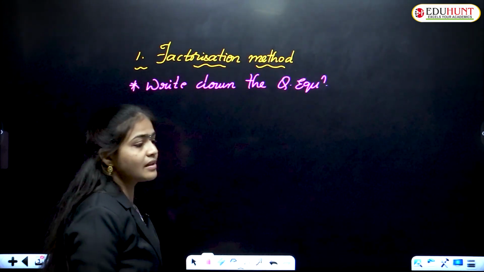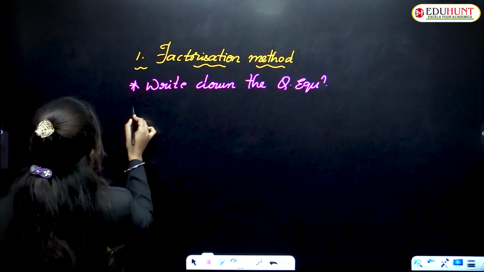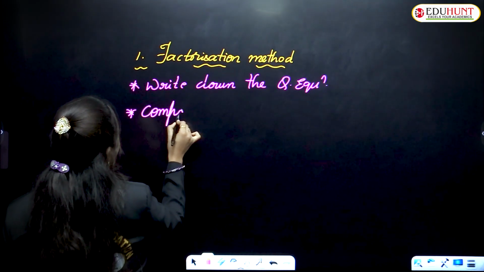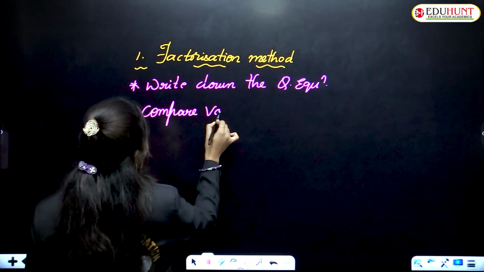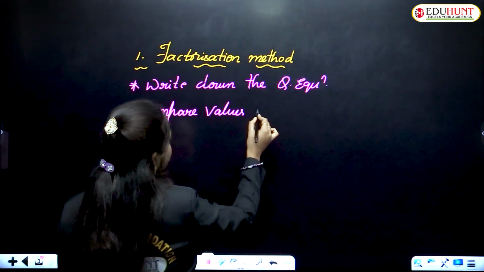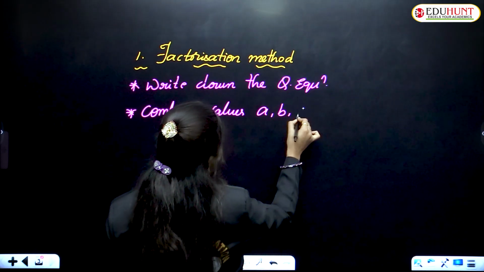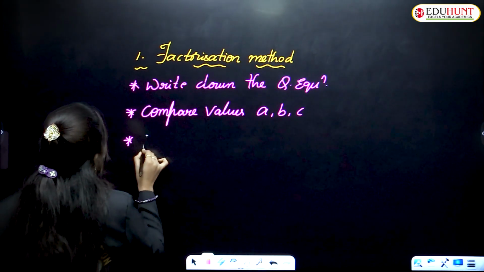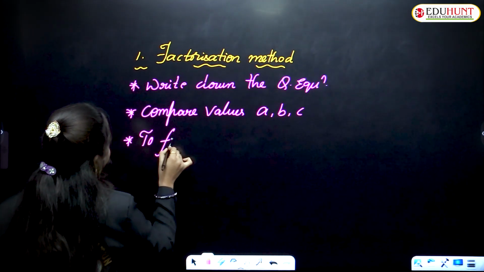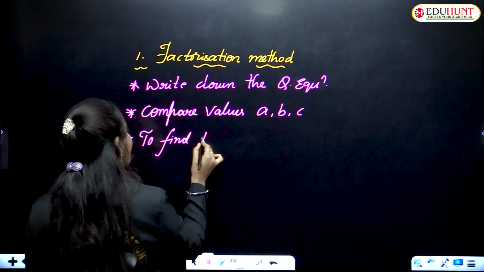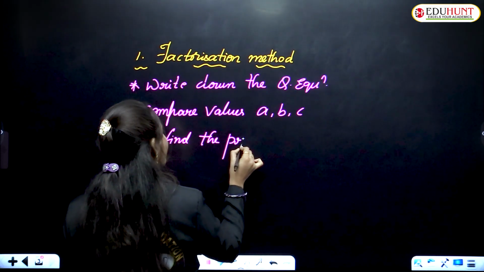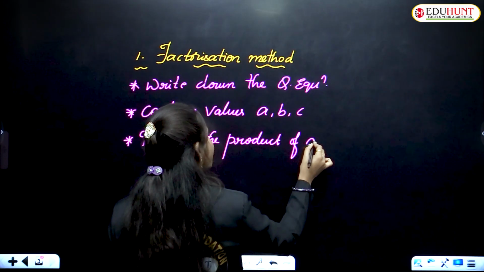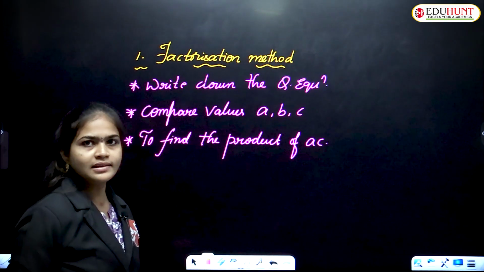The next step is to compare the values A, B, C. And the next one is to find the product of AC. This is the third step.